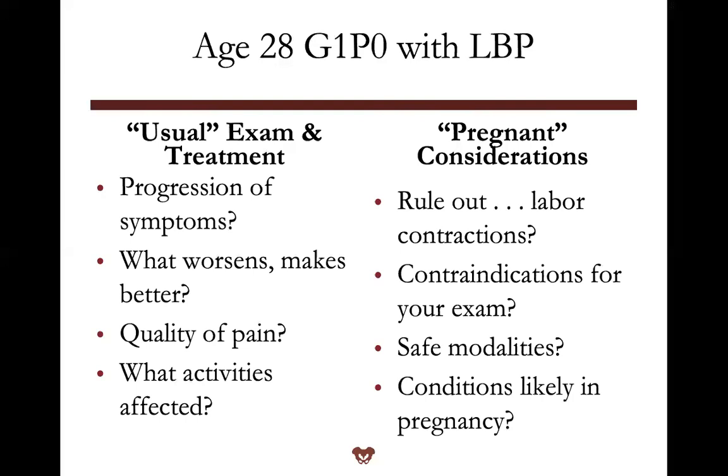And then what conditions might be more likely in pregnancy that might not be as likely outside of pregnancy. So for instance, pelvic girdle pain is much more common in pregnancy. And so we're going to walk through a lot of these considerations throughout the course. This case is just intended to get you primed to be thinking about the pregnant patient and what we're going to consider with her.